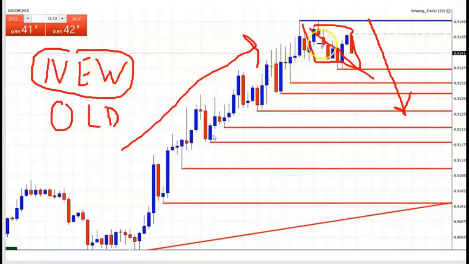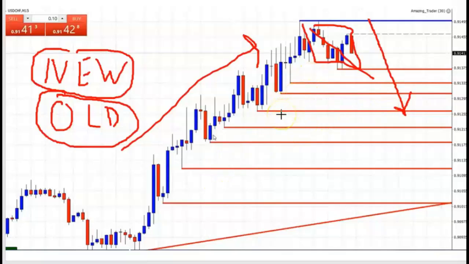Once that episode changes and runs out of steam and blue lines start building to the downside, these red lines become old lines, lines that the market's going to target on the downside. So they're no longer lines you want to buy against because the market is aiming to see if they can run stops below any of these lines. And it indicates the market is no longer looking to buy dips as it was during the up episode.